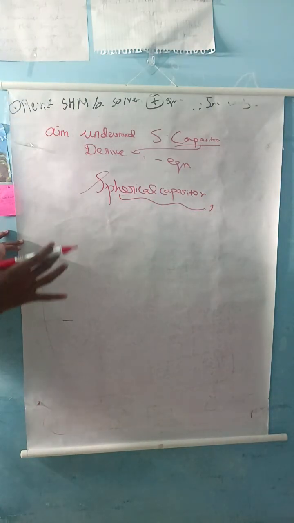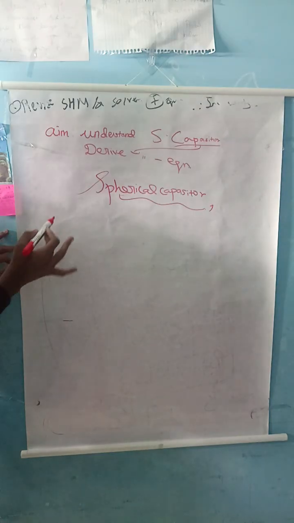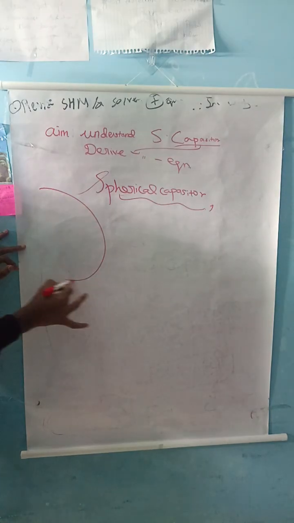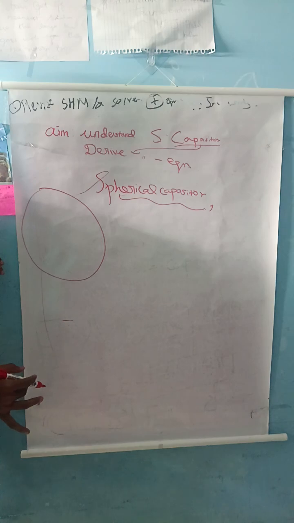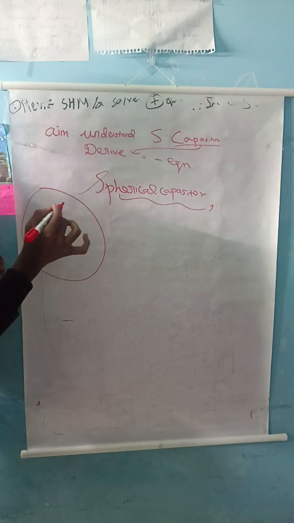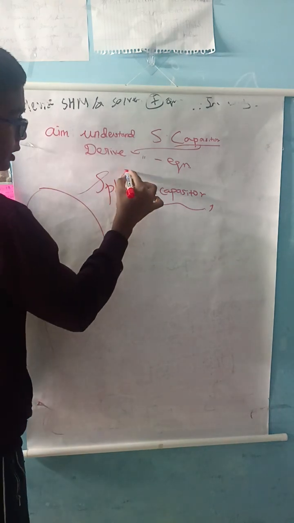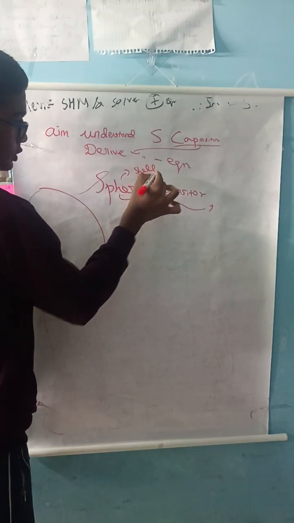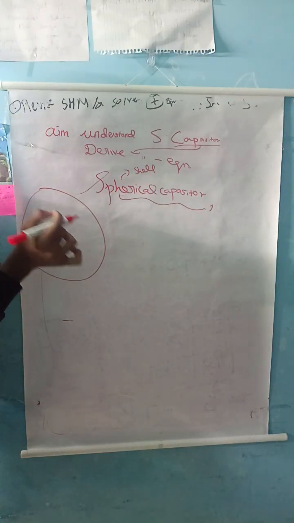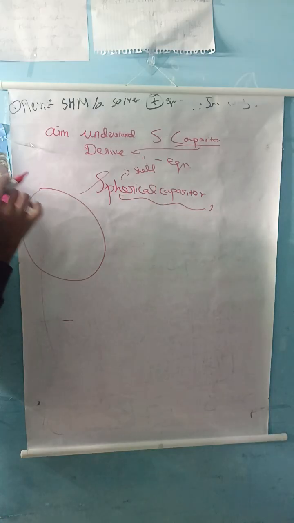Now, as the name suggests, it consists of a spherical shell. Note it down, it's a spherical shell. It's not a solid spherical surface, just a spherical shell.